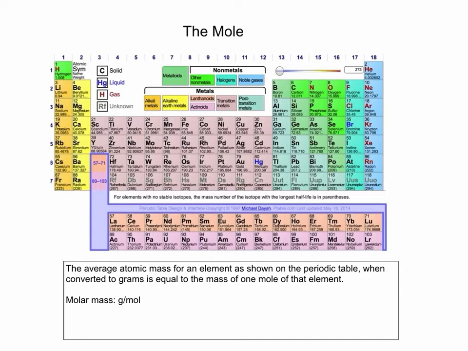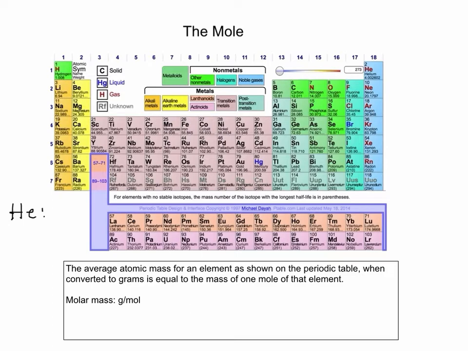So what does this exactly mean? Well, let's say I wanted to know the mass of 1 mole of helium. So we look at the periodic table, and we see that the average atomic mass of helium is 4.002602. And that's in amu.